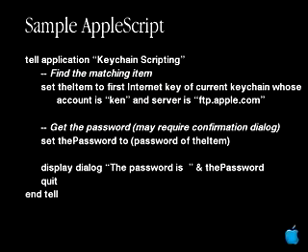I said that everything you can do from a C API, you can also do from AppleScript with the keychain. Here's a real simple example. I have the first internet key of the current keychain. The whose clause at the end there is doing all my searching. So I can add attributes like whose account is Ken and whose server is ftp.apple.com.